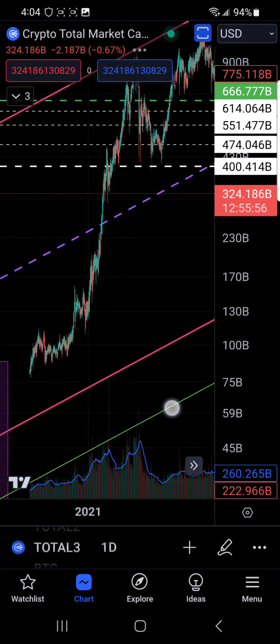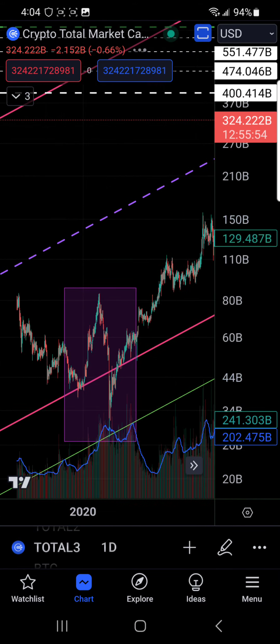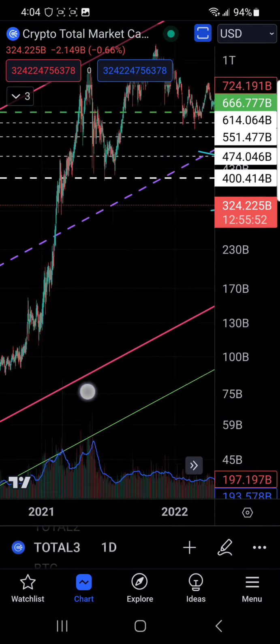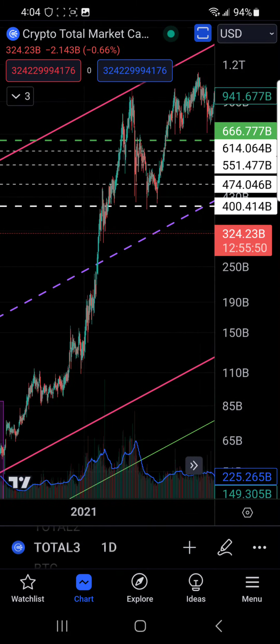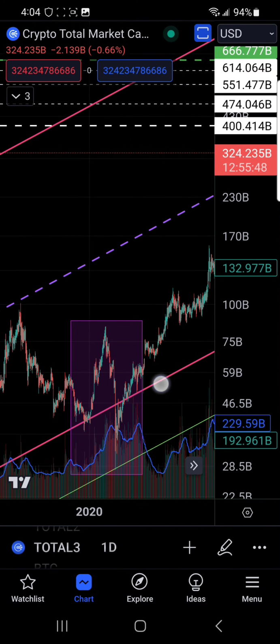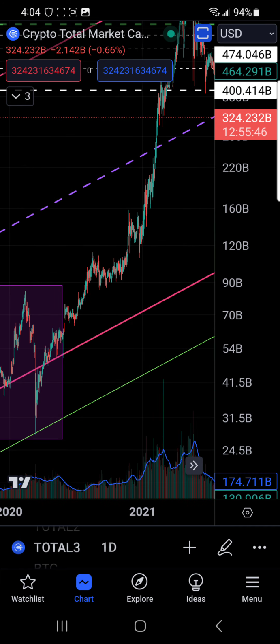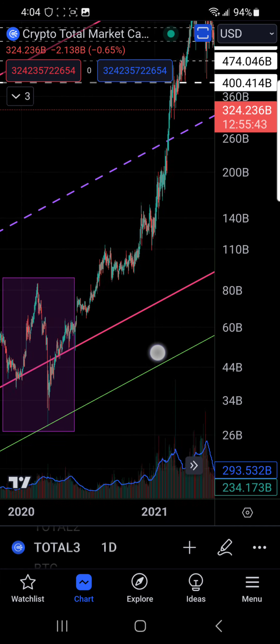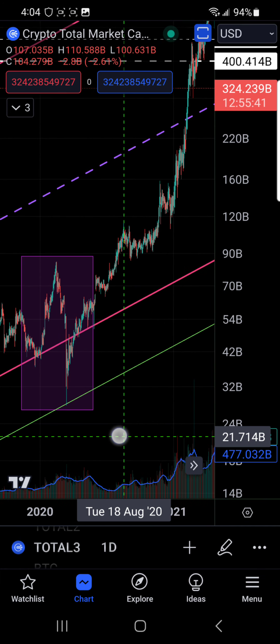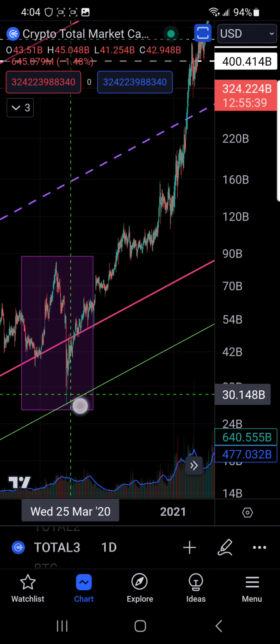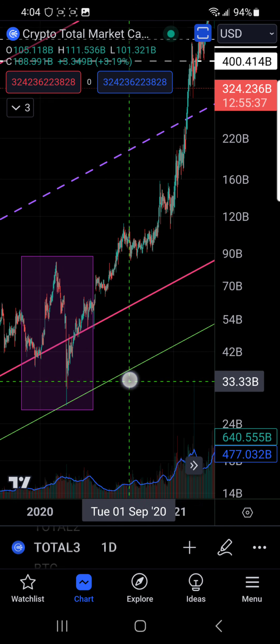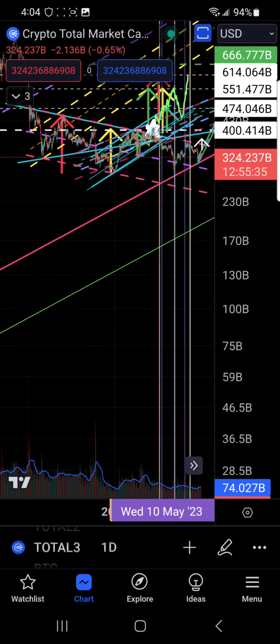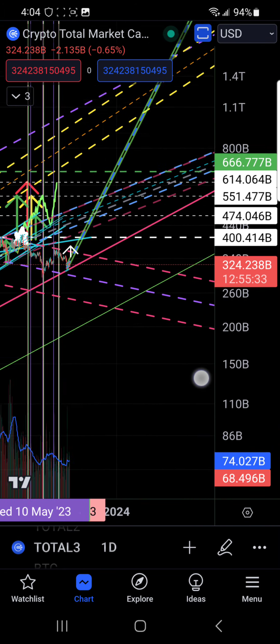I don't know why my other lines don't show up right away. Maybe I'm on the wrong chart. Is this FT? Oh, okay, this is COVID crash. So the green line, yeah, see, this is a different chart.